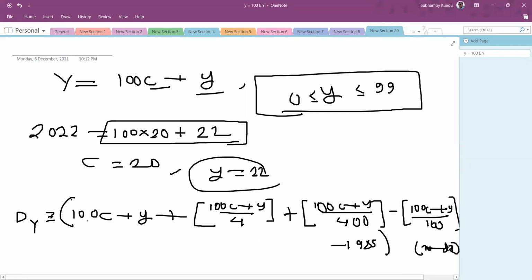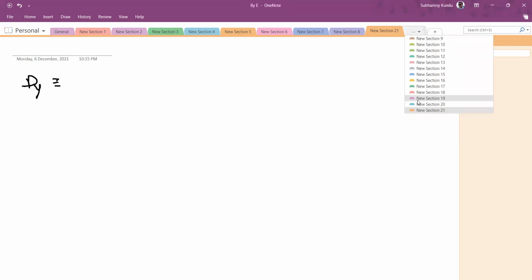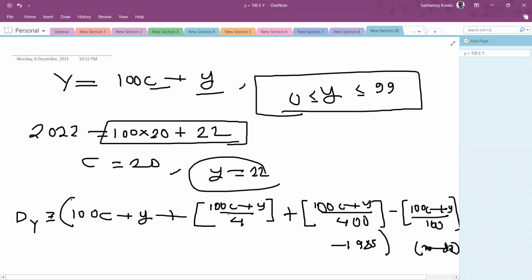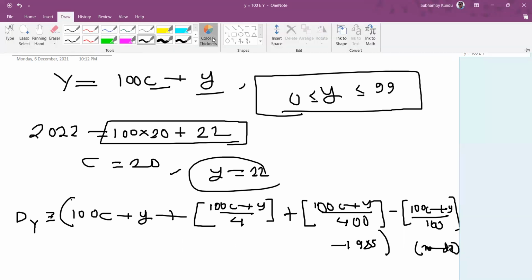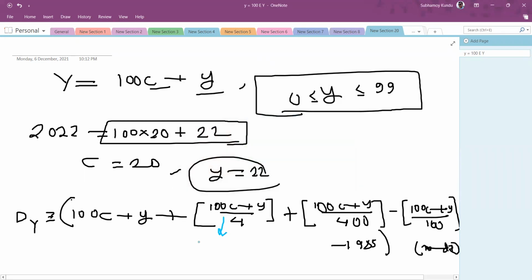Now we have to calculate this part. The 100c remains the same, and let's see what happens. So what is dy now? The hundred remains, and let's break it down. Here I can break it down as well. So what will happen? This part will give 25c plus y by 4.